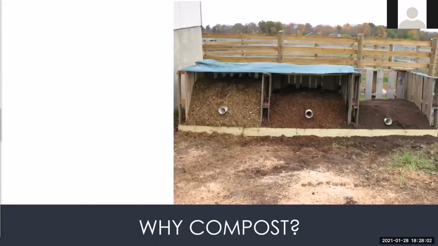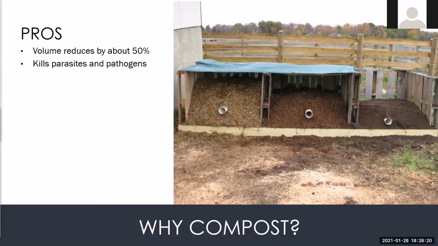And so composting is a really great way to reduce the volume, and it can reduce it by about 50%. We're really breaking that down as we break down the structure and lose moisture. And through that process, if it gets hot enough, we're killing parasites and pathogens, which is really great.